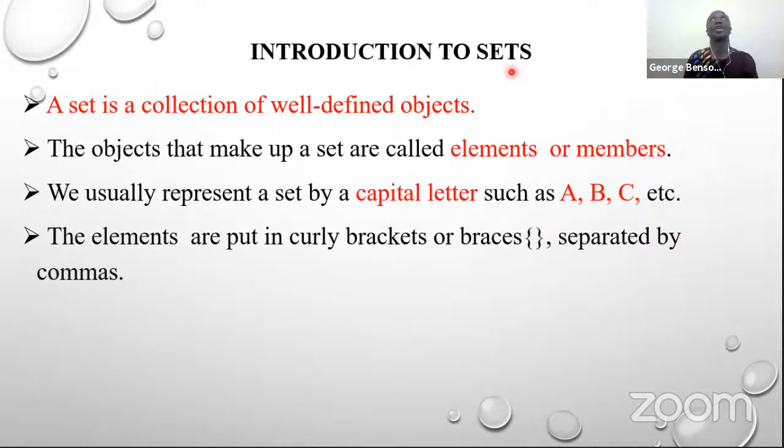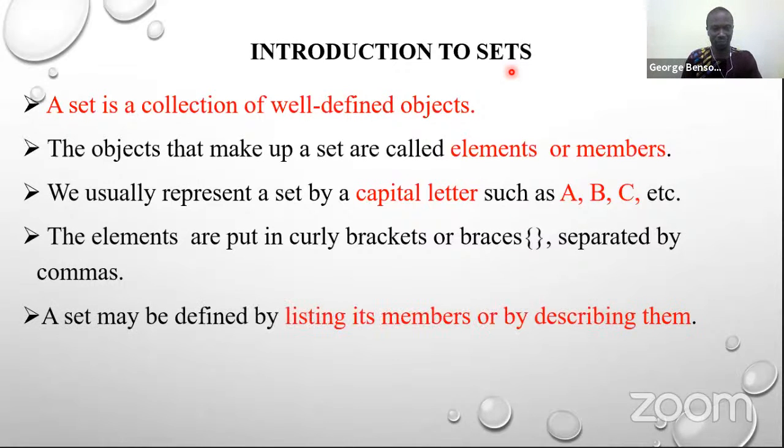For example, if I define my set to be the colors of the rainbow, then I'll use a variable R to represent the rainbow. Then the colors of the rainbow, which will be the members, red, gold, green, and what have you, will be put in curly brackets or braces, and they must be separated by commas.